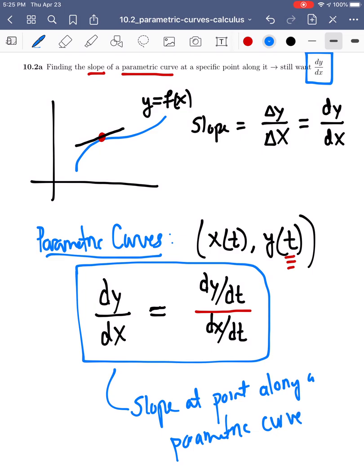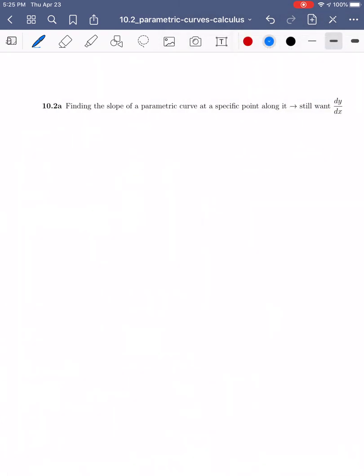Let's see where this actually comes from. To make this a little more apparent, we're going to start off with functions that are nested within each other, and we're going to do an example on the right-hand side.